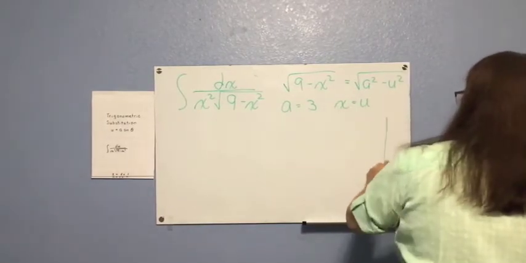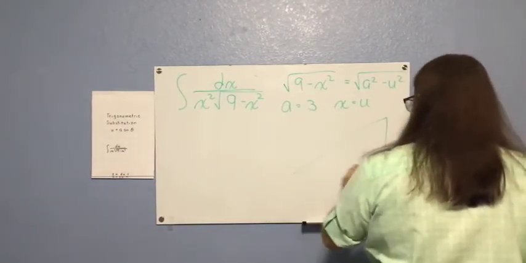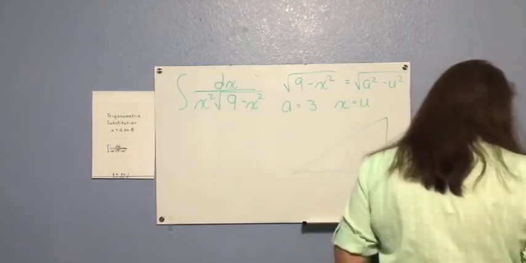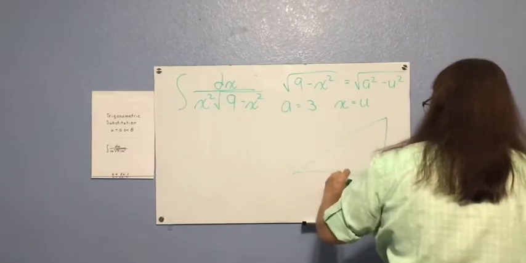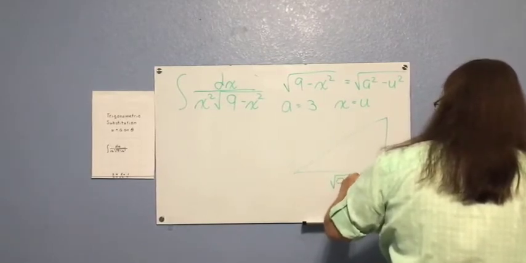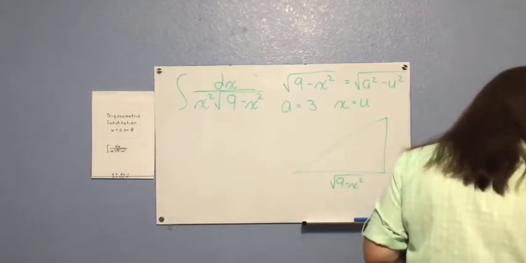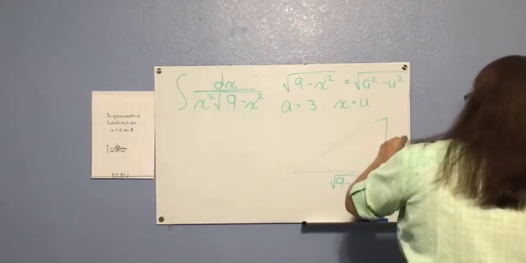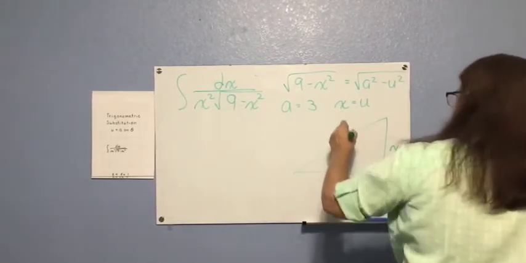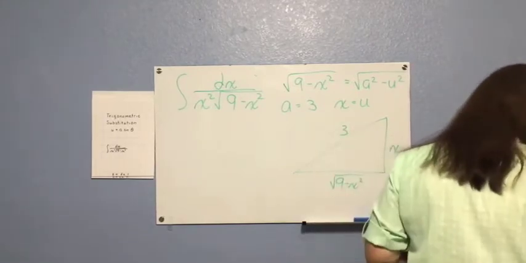Okay, drawing my triangle. This side is the square root of 9 minus x squared. This side is x. And the hypotenuse is 3.